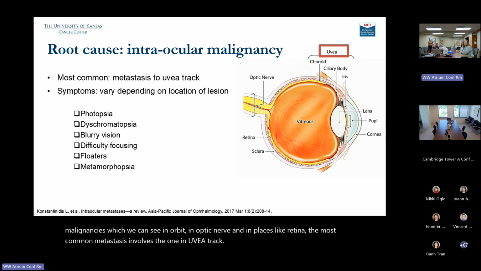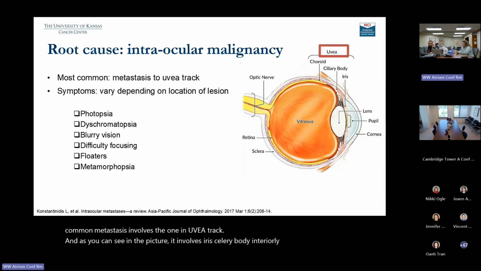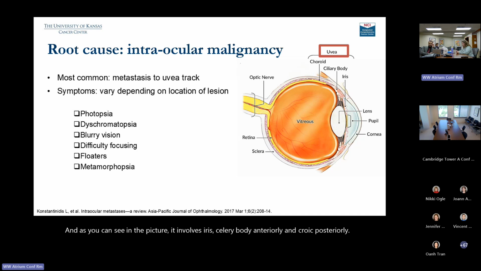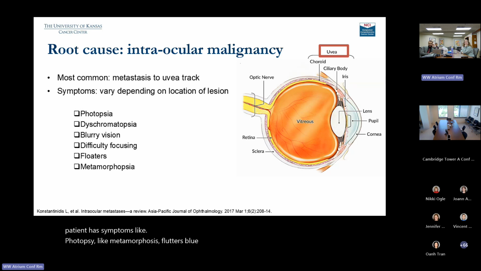And as you can see in the picture, it involves iris, ciliary body anteriorly, and choroid posteriorly. In most of those situations with intraocular malignancy, the patient has symptoms like photopsia, metamorphopsia, floaters, blurry vision, and difficulty in focusing.